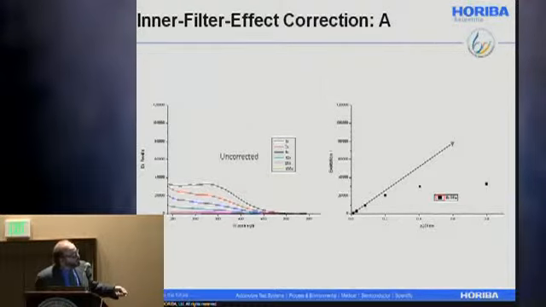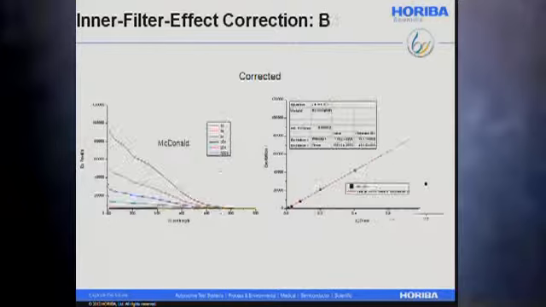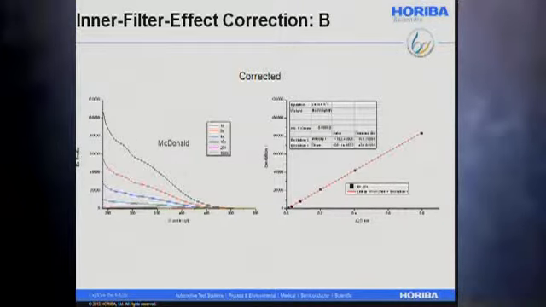This is an example of the issues people had with fluorescence before, where we're plotting the fluorescence intensity as a function of concentration measured through the absorption. Fluorescence is well characterized by being linear only over a very narrow concentration range. When we apply the inner filter effect correction, we restore linearity and NIST-traceable spectral accuracy over a much wider range, basically 2 to 3 orders of magnitude concentration difference.